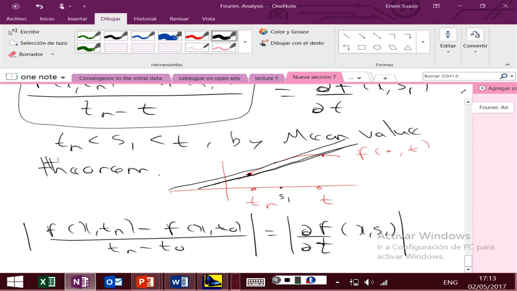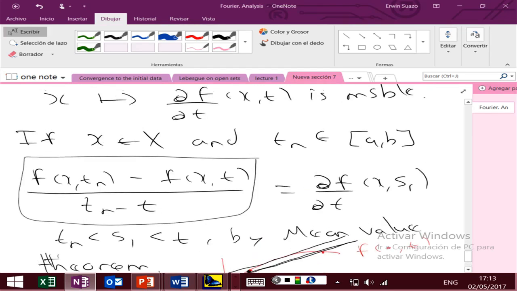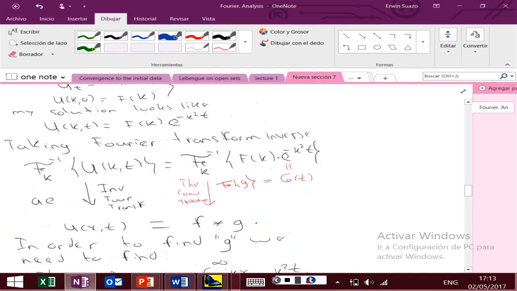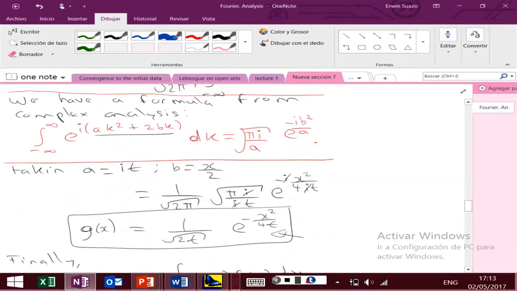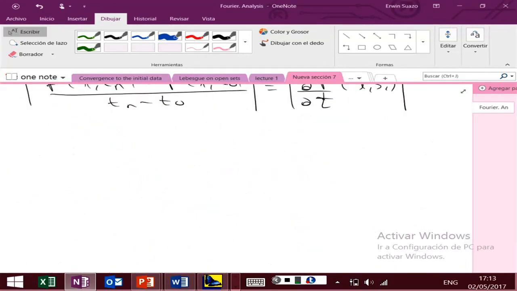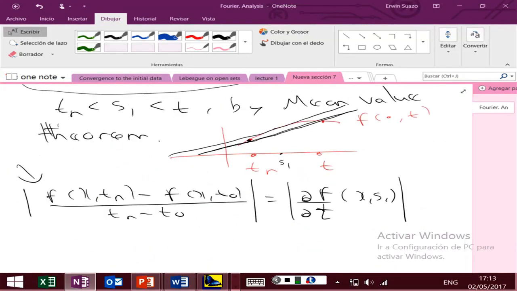And then by hypothesis, all these are less than or equal to g of x, for some g of x. That was one of my hypotheses. So this is less than or equal to g of x.